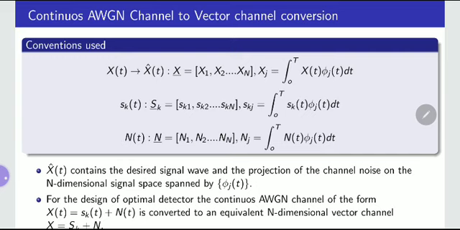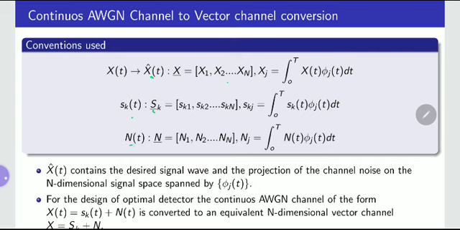So we have already seen this. This x cap of t can be represented as vector x, which is equal to x1, x2, etc. xN. This is an N-tuple. So this vector represents our received signal. Then our transmitted signal sk of t can be represented, using the Gram-Schmidt orthogonalization procedure, as sk equal to sk1, sk2, ..., skN, where skj is this.